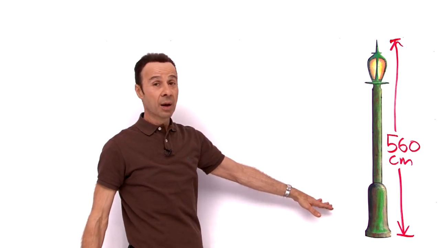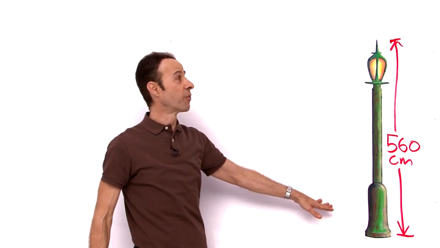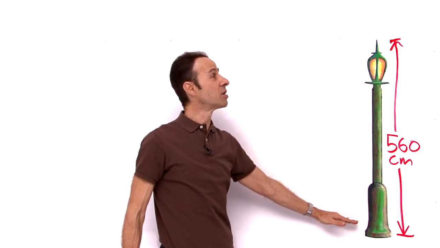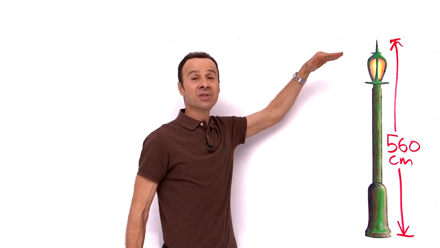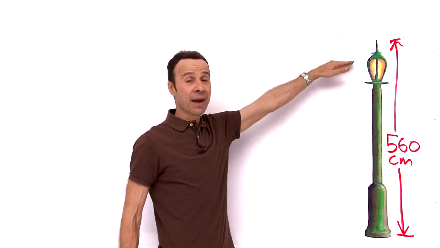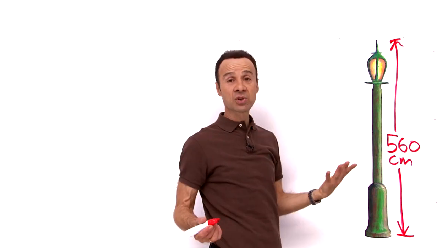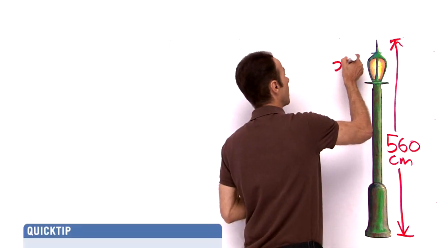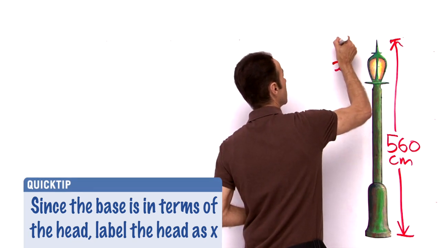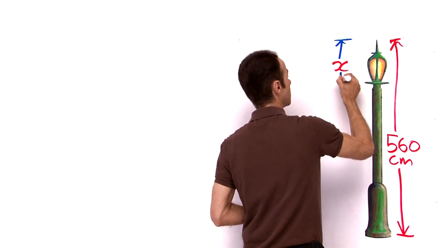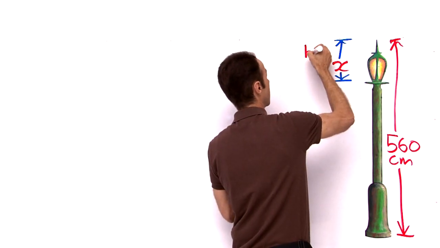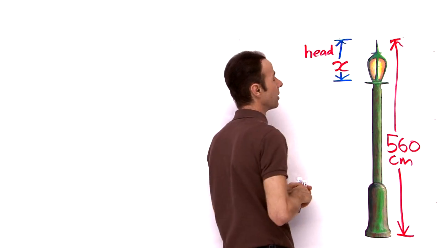Let's go backwards again. I'm going to read the next sentence just before that. It says its base is twice as long as its head. So that means the head is half as big as its base. So let the head right over here be a variable. We'll call it x. So its head is x.